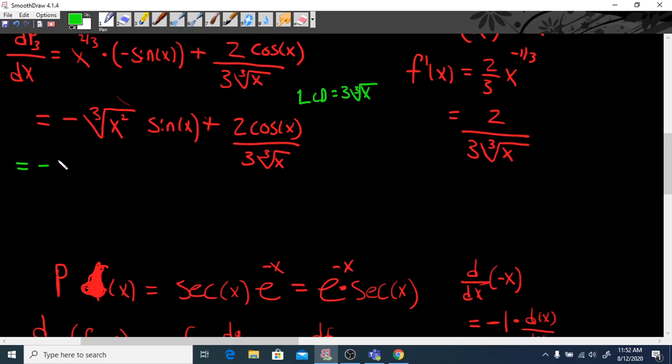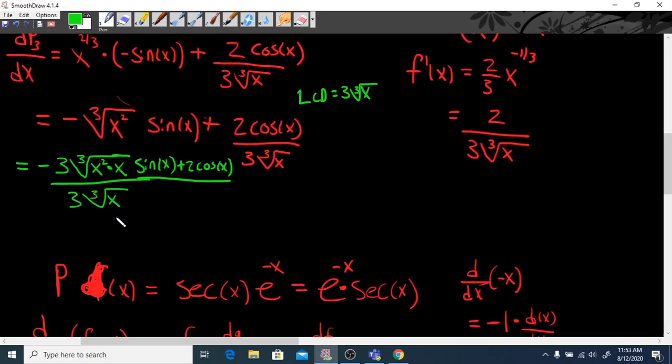So minus 3, and then cubed root of x squared. We also need to multiply by the cubed root of x. So we can do that this way. Okay? Over 3 cubed root x. And then we have the sine x up here, still. And then plus 2 cosine x. Sorry, I'm running a little short on space here.